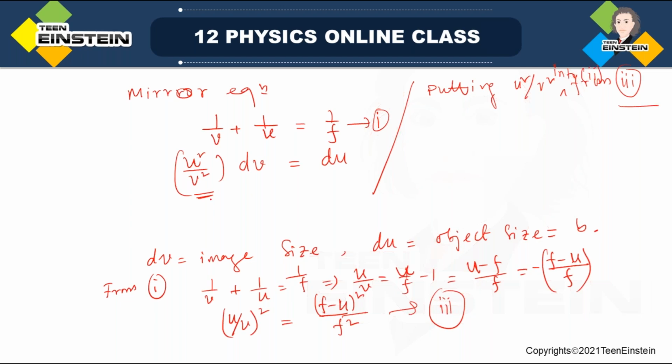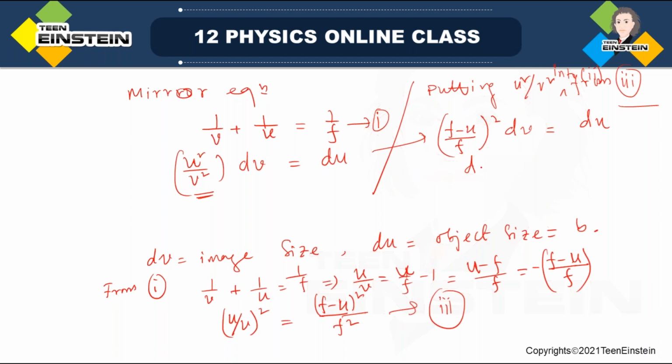Okay, so what we'll get, look, we'll write here. So u square by v square, we have got f minus u by f whole square, this into dv, which is equal to du.